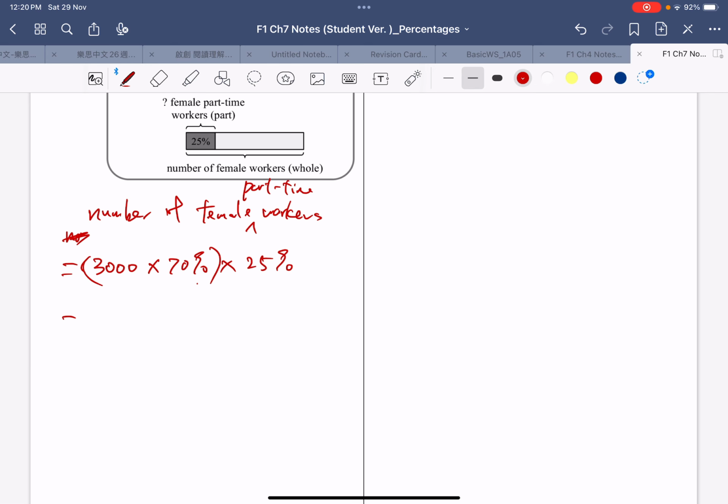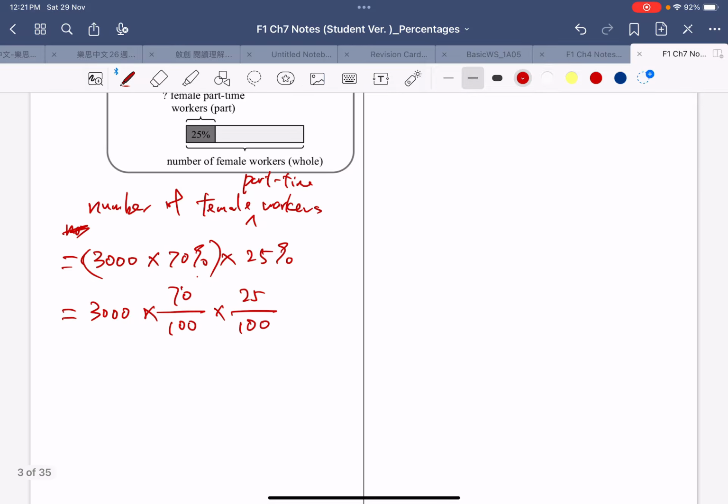In order to calculate this, you can, of course, change it into a fraction. If you don't have a calculator, it will be easier. Cancel some zeros first. These 2 zeros cancel. So what remains is 3 times 7 times 25.